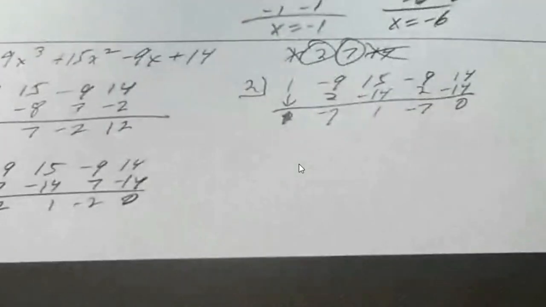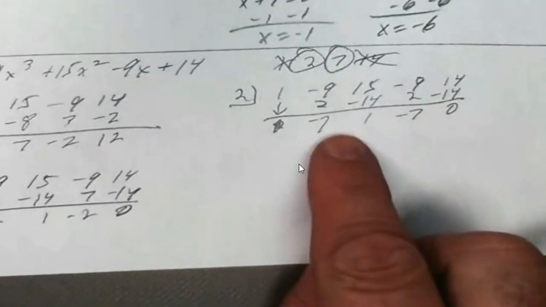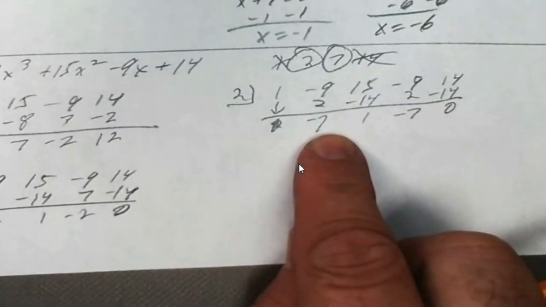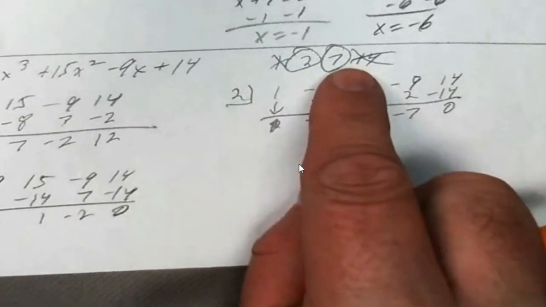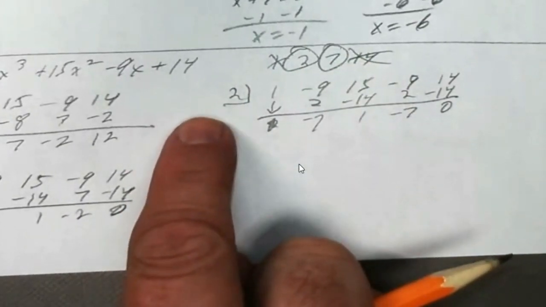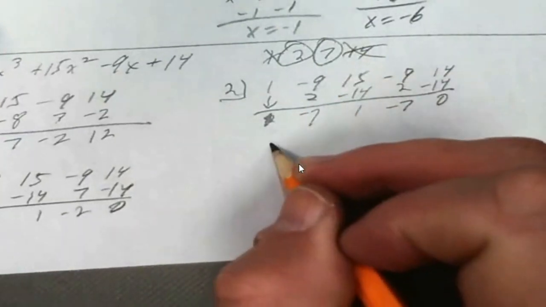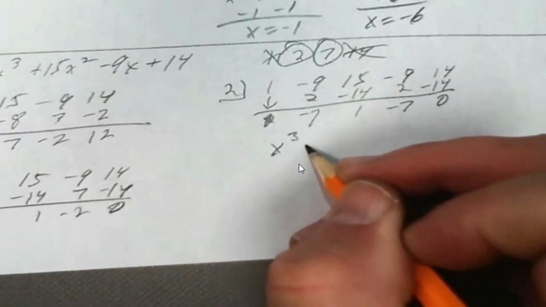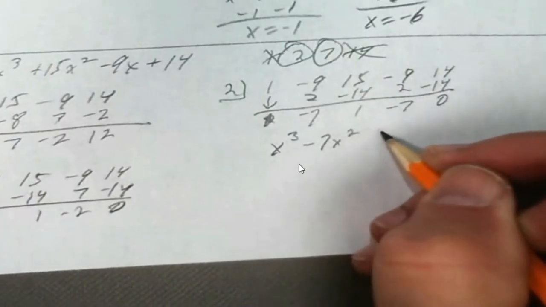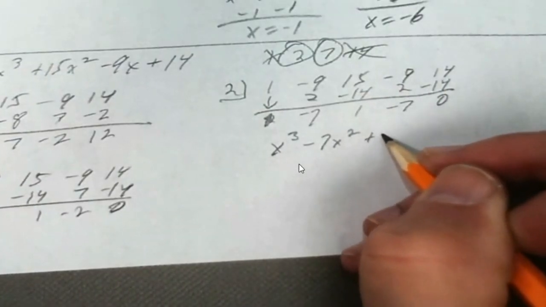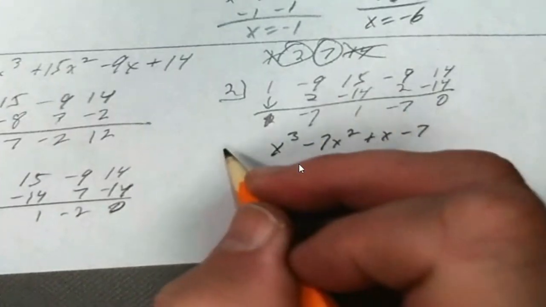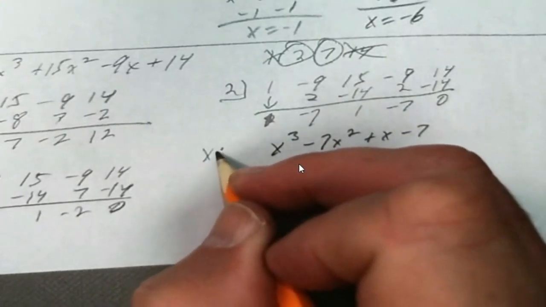It can't be 14. So since we know 2 and 7, when we took 2 out, we've got x to the third minus 7x squared plus x minus 7 and x minus 2.